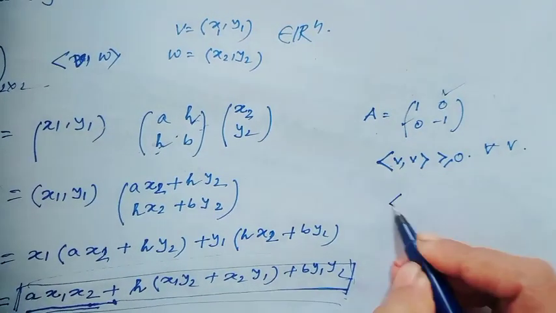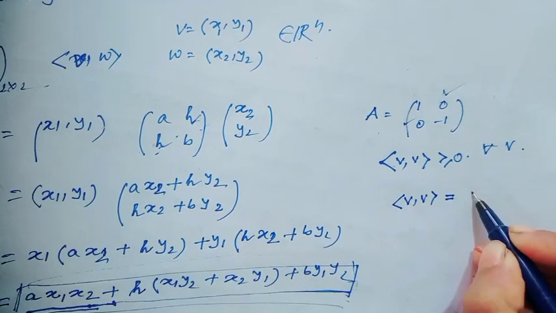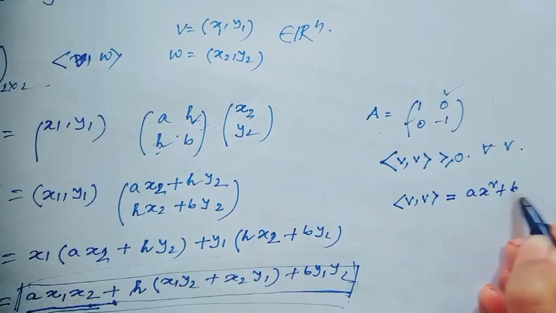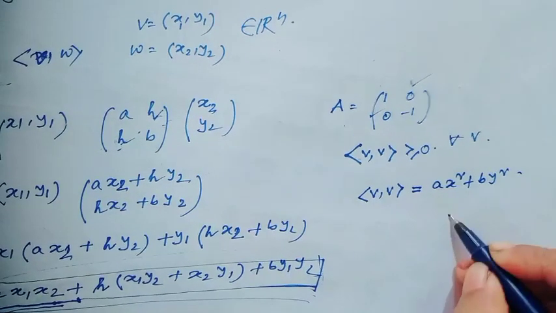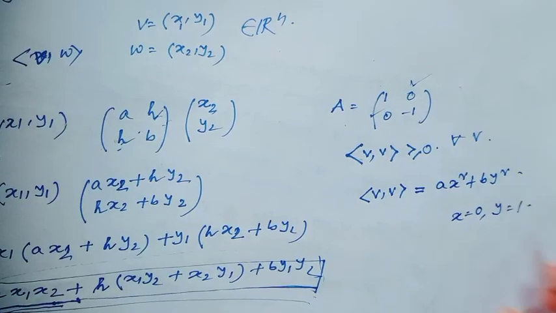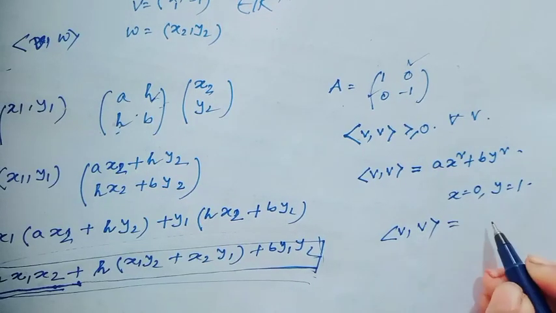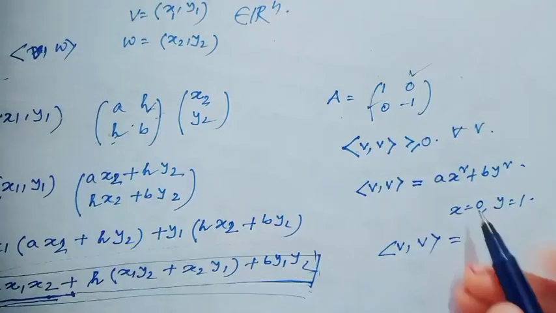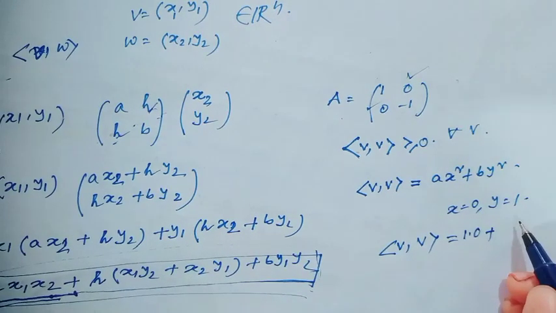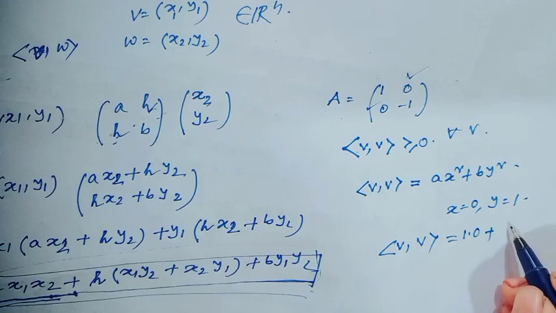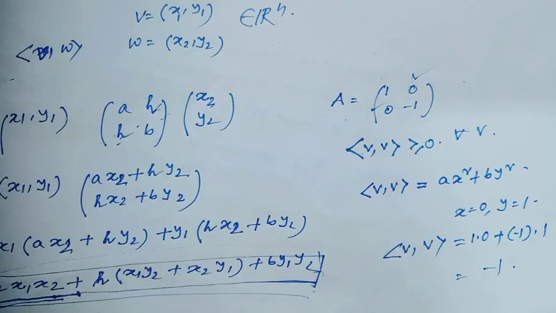That means inner product V with V would be obviously a x square plus c y square, and consider the arbitrary vector x equal to 0, y equal to 1. Then inner product v with v would be 1 times 0 plus c, here the value of c is minus 1, so 1 times minus 1, this is equal to minus 1.